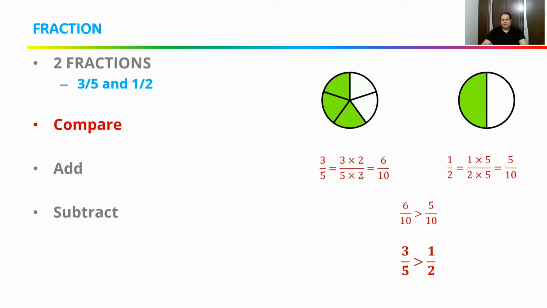And because we will be multiplying the denominator by 2, we have to also multiply the numerator by 2. And we will get the fraction 6 by 10. We are just finding an equivalent fraction, but the fraction is such that the denominator is 10. Same way for half, we can do the same thing, 5 by 10.